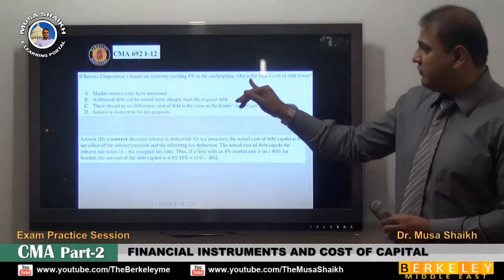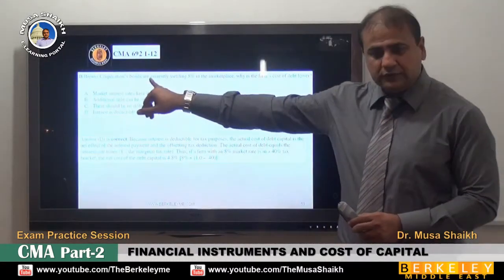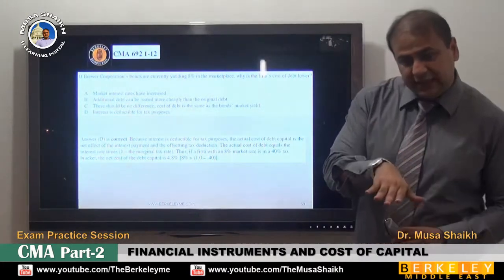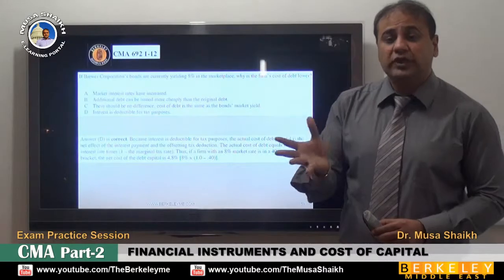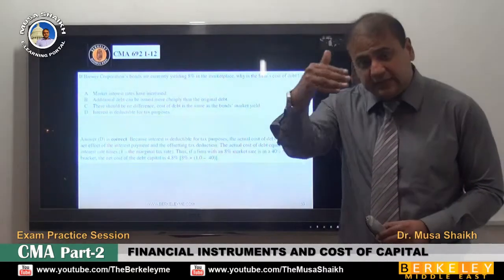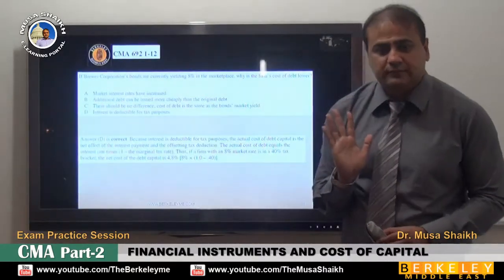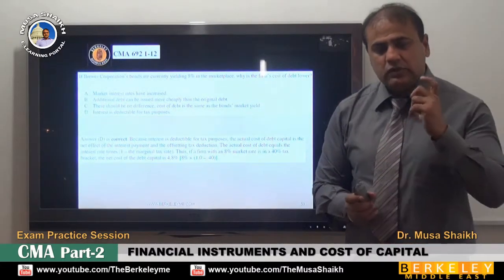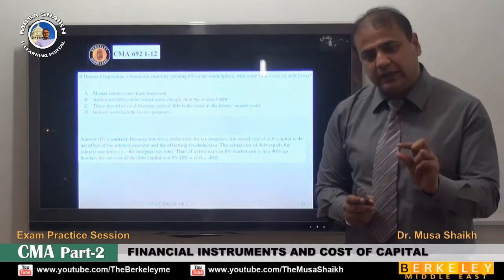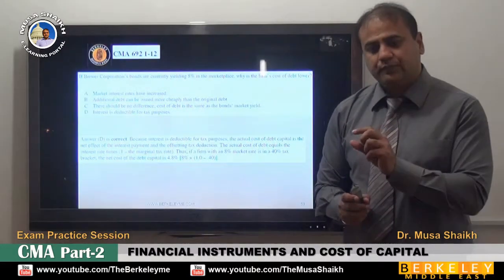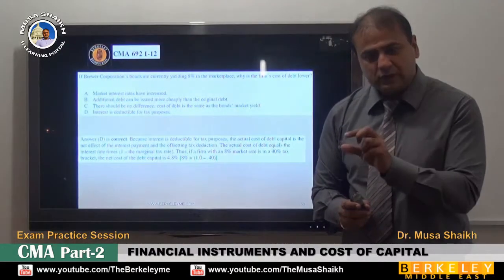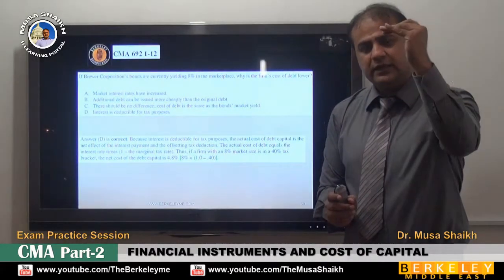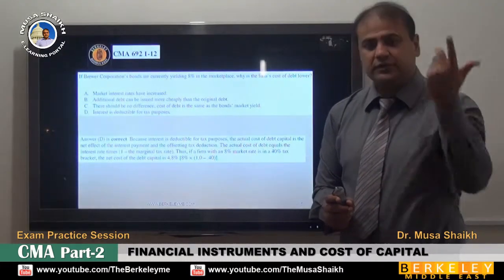That's why when we issue bonds, our cost of capital will be less. When we issue equity, it will be higher than the bonds. So we can conclude that the cost of capital through liabilities or bonds is less than the cost of capital from equity.